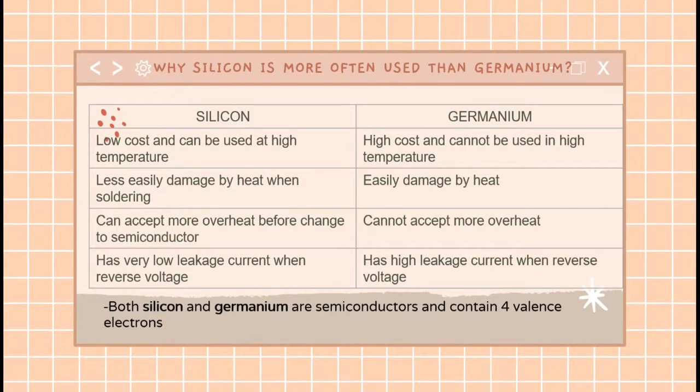Silicon also can accept more overheat before changing to a conductor, while germanium cannot accept more overheat. Lastly, silicon has a very low leakage current under reverse voltage, while germanium has high leakage current under reverse voltage. Both silicon and germanium are semiconductors and contain 4 valence electrons.